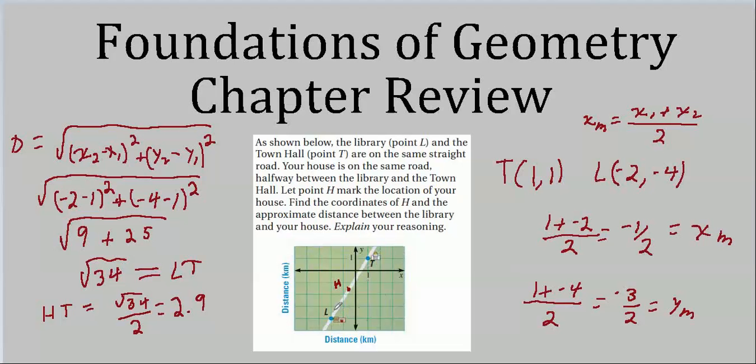So 5.8, yeah, makes sense. If we'd gotten some weird answer like 10, and then half of it was 5, we'd have to redo this. But it never hurts to just take a quick look. Does nearly 6 make sense for the length from L to T? And the answer is yeah, it does. There's 5 units there and over about 3.